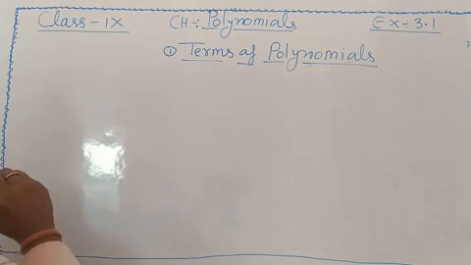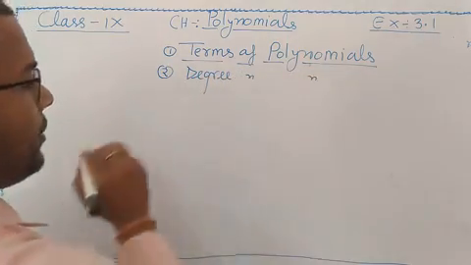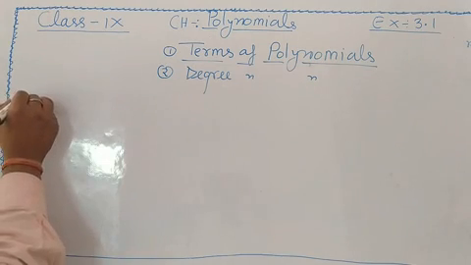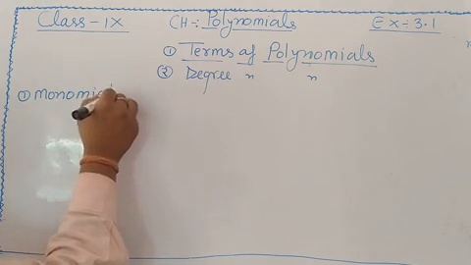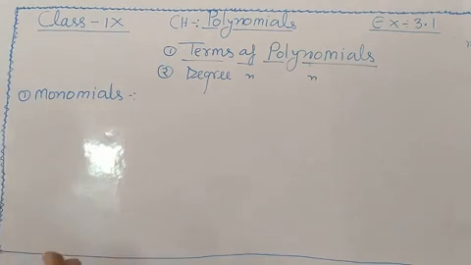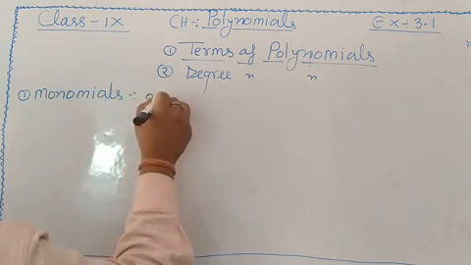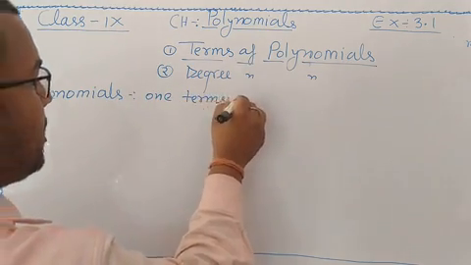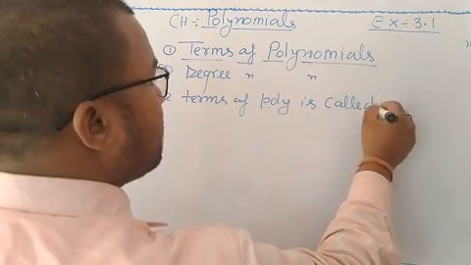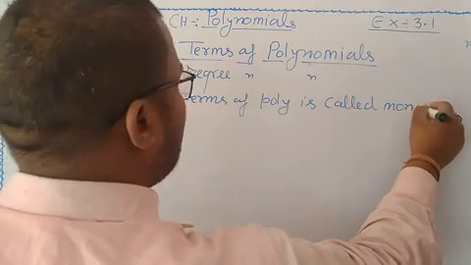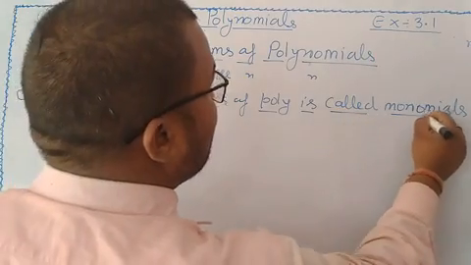First is the term of a polynomial and second is the degree of a polynomial. The first type is monomial. A monomial means a polynomial with only one term is called a monomial.